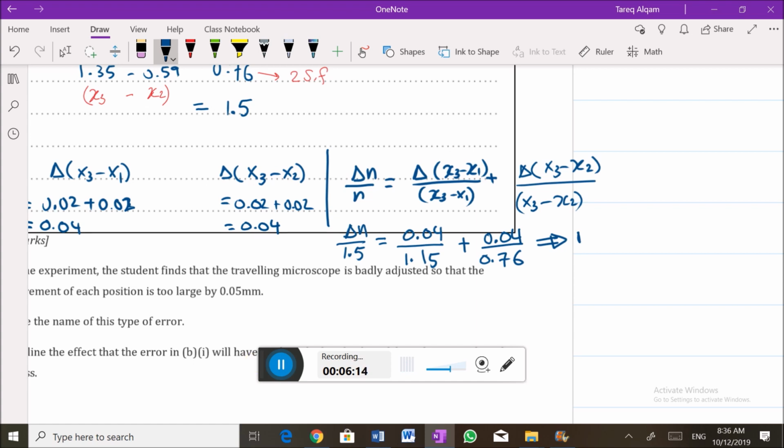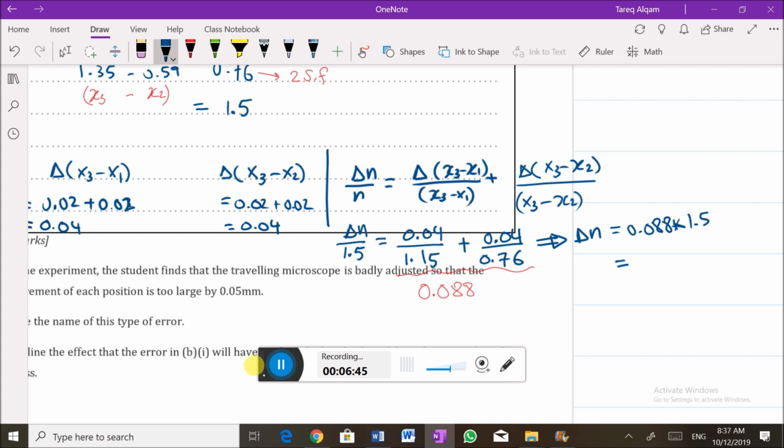So delta n, after doing this calculation, this part is 0.088. So this becomes times 1.5.